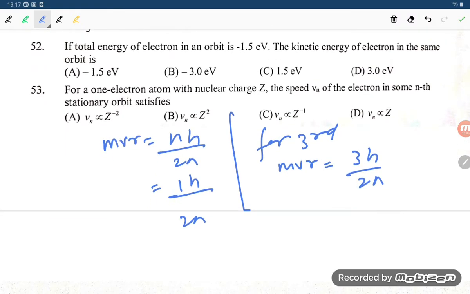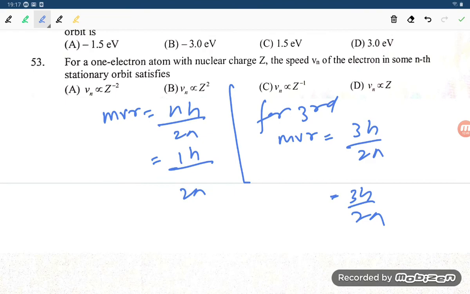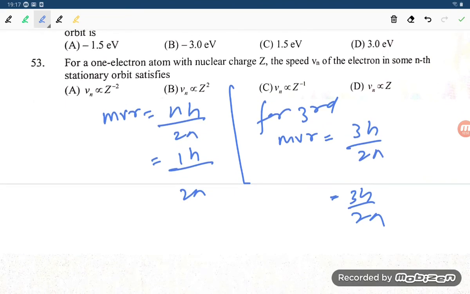Now what will you be able to do, student, in all these cases? MVR. So you send this to the bottom line, student.